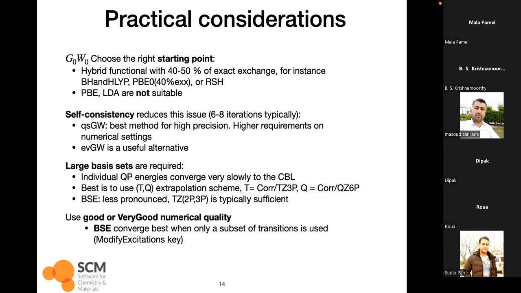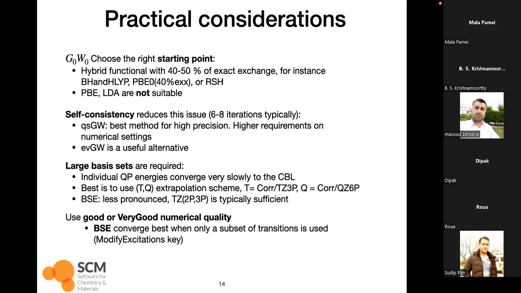If you really want a good, accurate ionization potential for the right reason, so without any basis set errors, I recommend to do a triple zeta and a quadruple zeta calculation and then extrapolate. Because even with quadruple zeta, you will typically be around 0.1, 0.2 eV away from the right answer. For BSE, the only thing that enters the BSE Hamiltonian are quasi-particle energy differences, and those typically converge very nicely with the basis set.